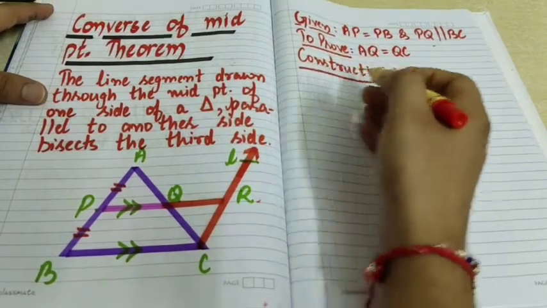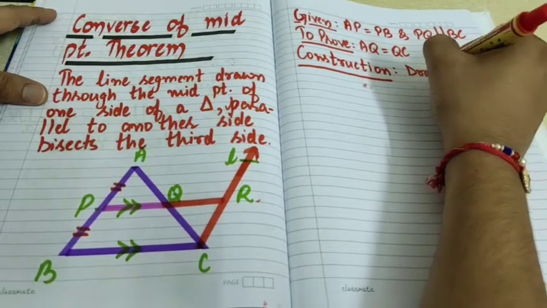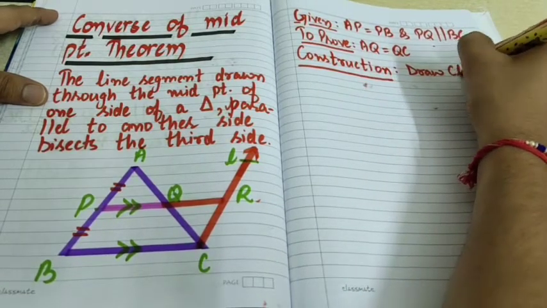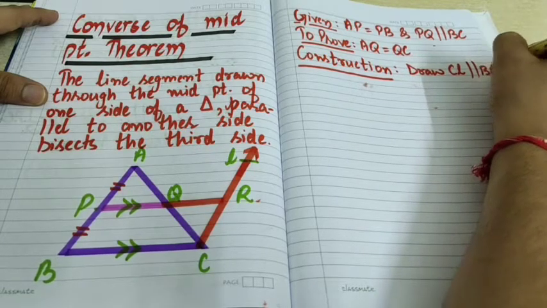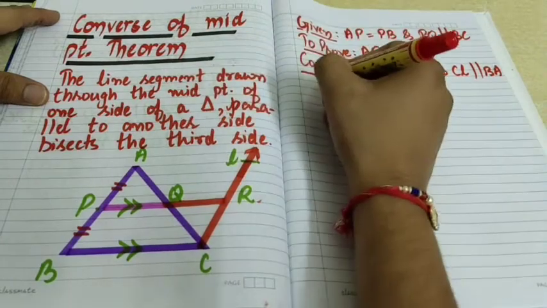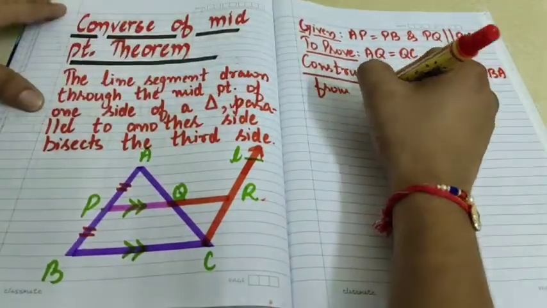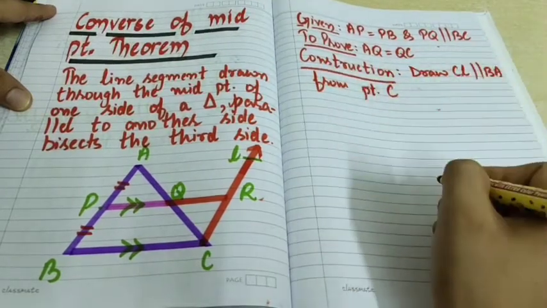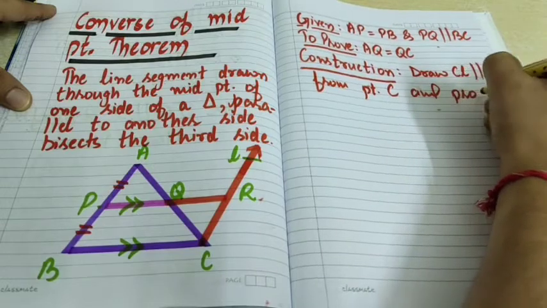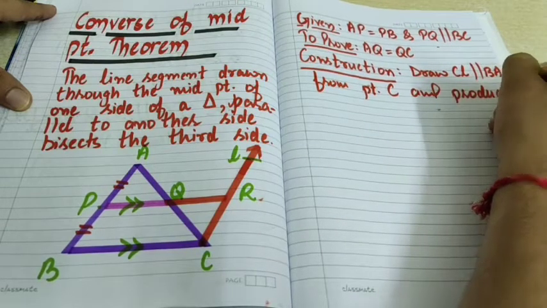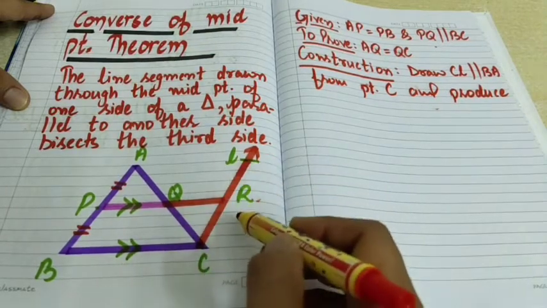So here we mention the same: draw CL parallel to BA from point C and produce PQ to intersect CL at point R.